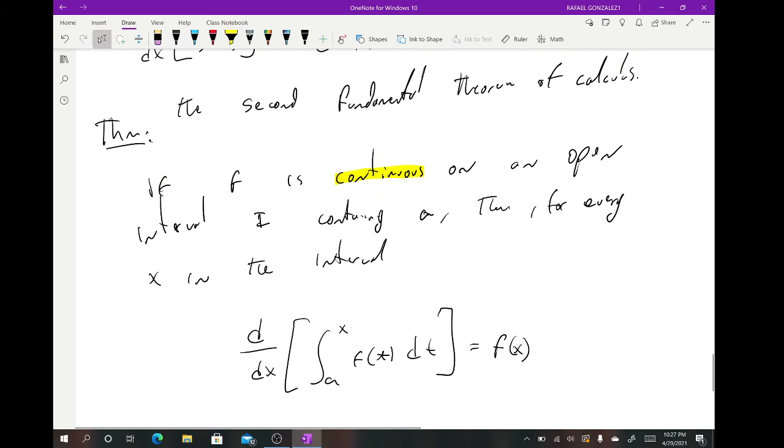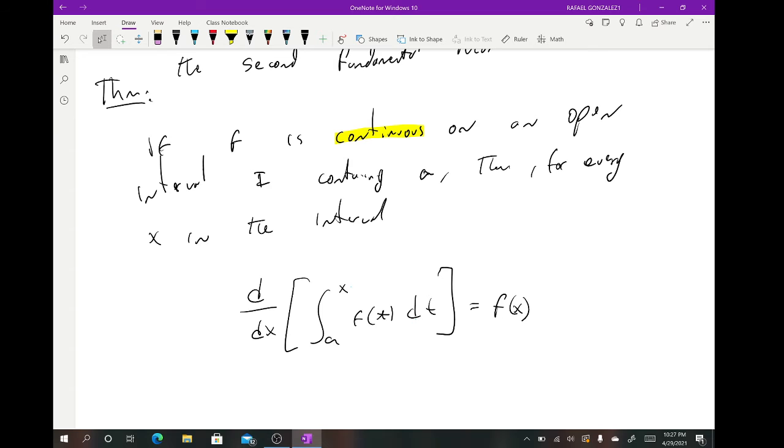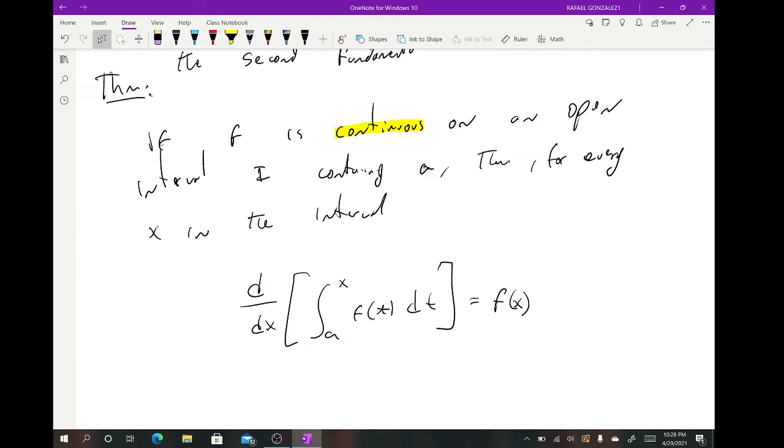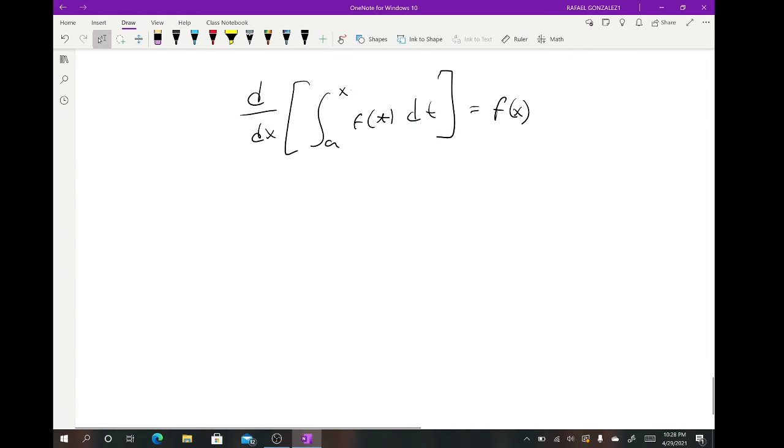So f has to be continuous on the interval, and the interval has to be open. Okay, so that's the so-called second fundamental theorem. So let's do some examples using the second fundamental theorem, and then we'll do one more theorem or two, and then that'll be the end for this section.